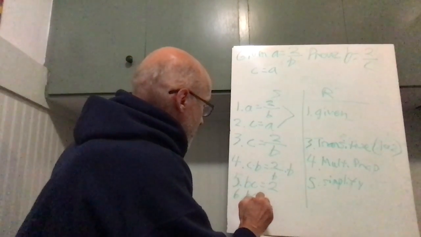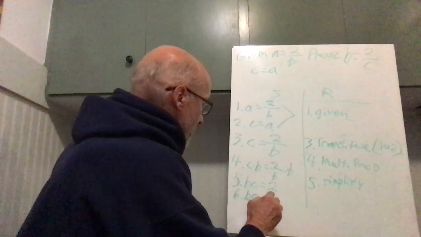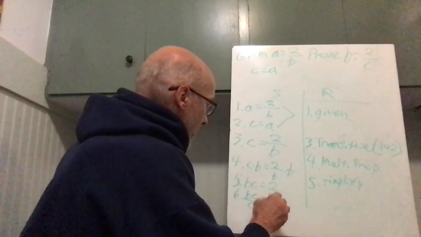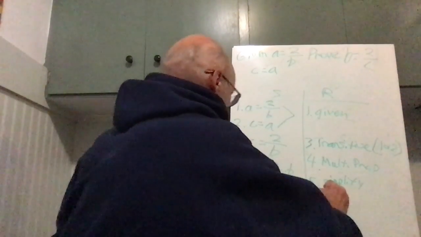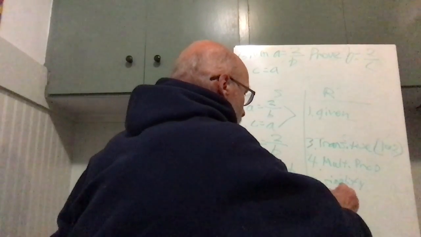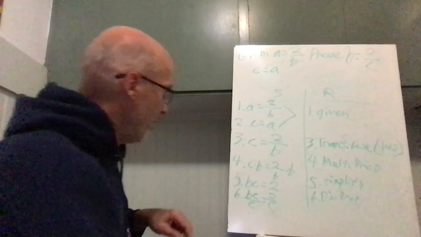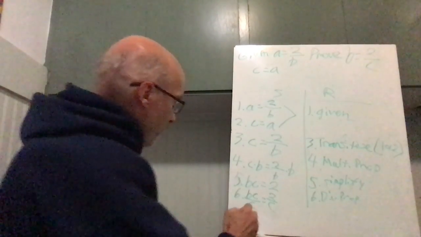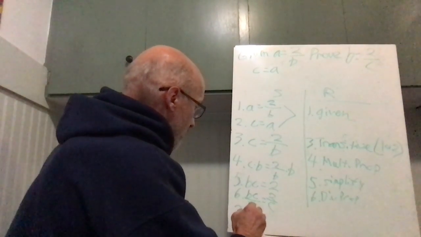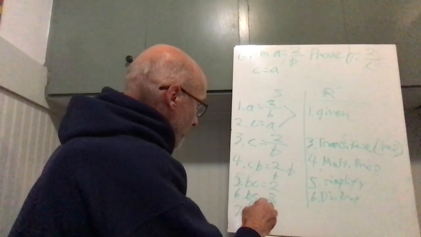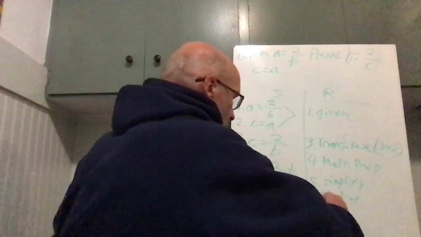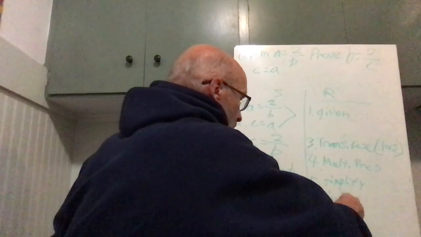So bc divided by c equals 2 divided by c, and that is the division property. And now I can simplify and get b equals 2 over c, and the reason is simplify.